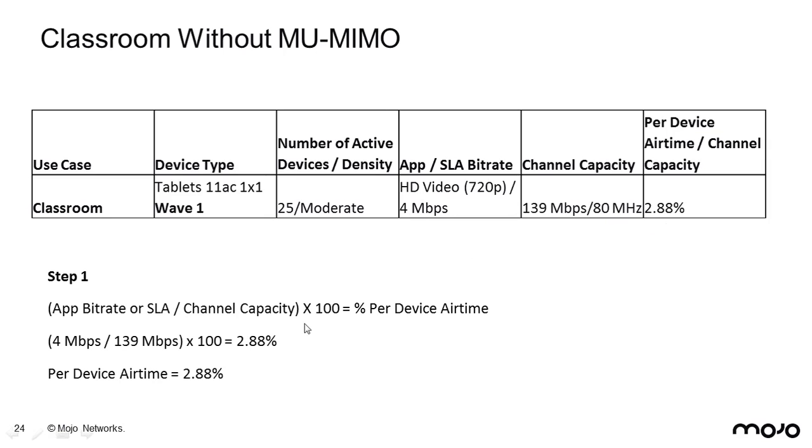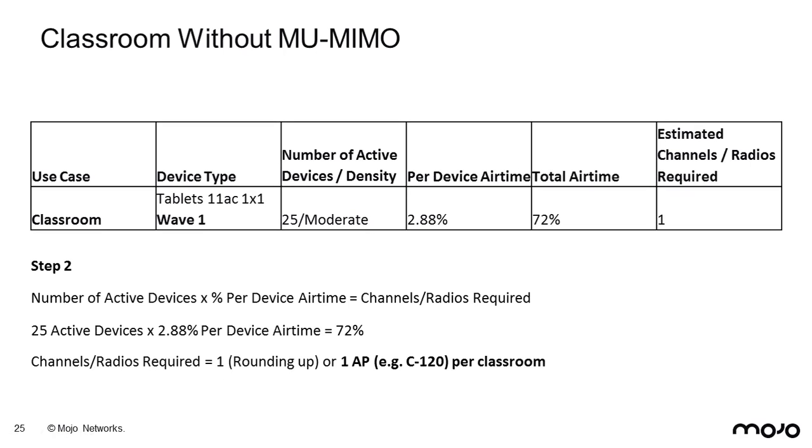Again, we're using 80 megahertz channels. So 2.88% per device, and then we just multiply. Step 2, we take the number of active devices times the per device airtime. We get 72%. So we round that up to a single AP. Of course, we'll have additional capacity there to grow. But anyways, we round that up, and we have a 1 AP per classroom solution.